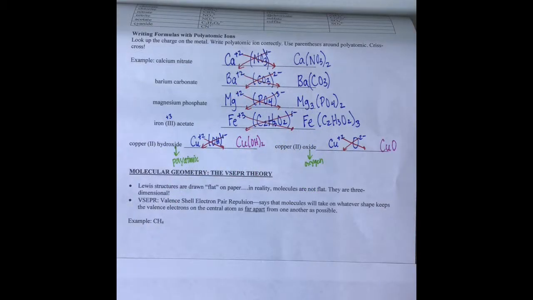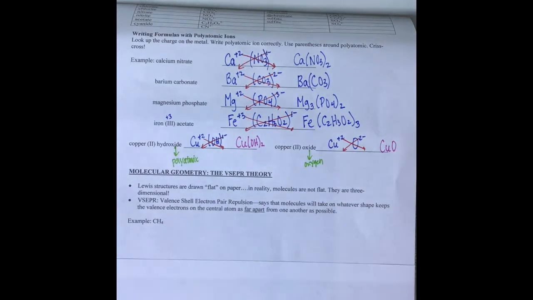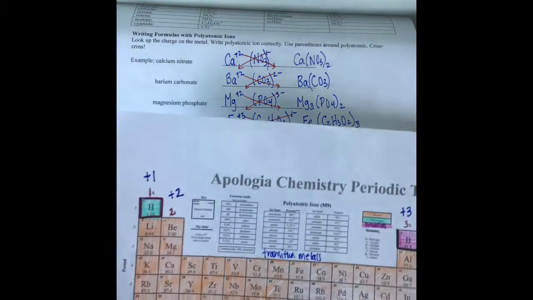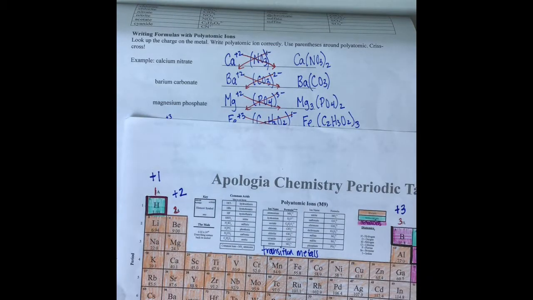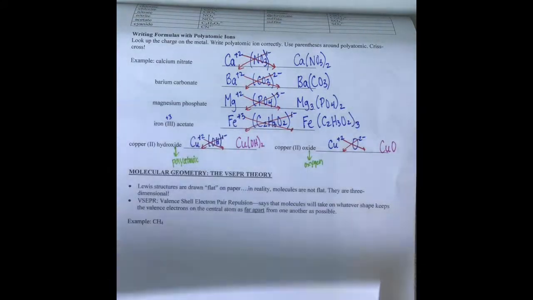All right, the next thing we're going to look at in this lesson is how to draw molecular structures in 3 dimensions. So before Christmas break, we left off with learning how to draw structures for different molecules. So let's look at CH4 and do a quick review. Remember, when you want to draw a molecule, you want to first add up the number of valence electrons.